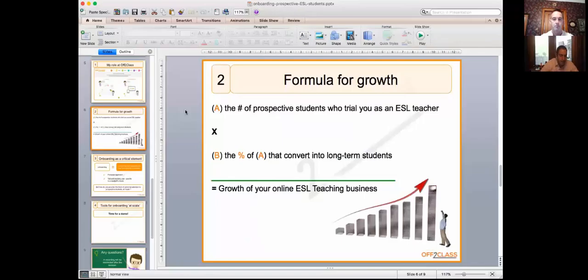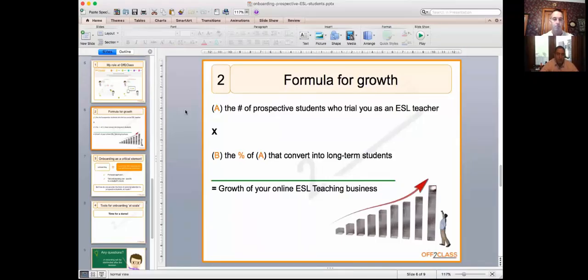Obviously this depends on what your hourly rate is and how many hours per week on average you teach a student. But even if you are teaching at the high end of the pay scale, you're going to need at least 10 to 15 to 20 students to sustain yourself on a full-time basis. So let's look at growth.